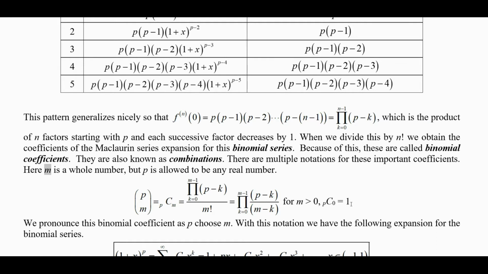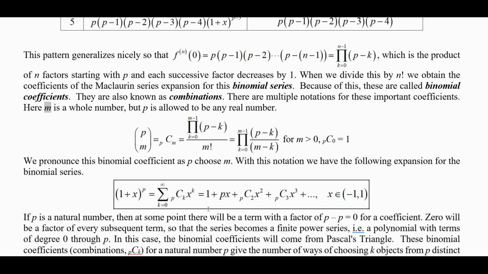p choose 0 is 1, and then for the bottom number being anything bigger than 0, it would be worked out with this product here. So that is the coefficient for this series. So 1 plus x to the p is the sum from k equals 0 to infinity of p choose k, x to the k.